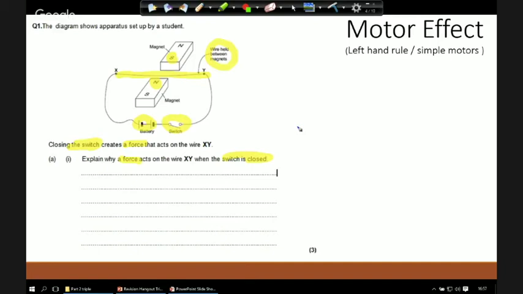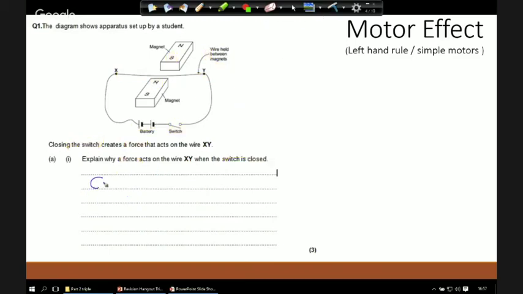Well, again, stick to the science that you've been explained. So closing the switch makes a current go through the wire.